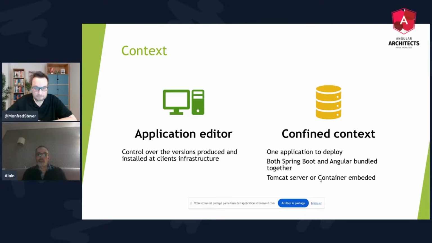So it's one application or maybe multiple applications, but let's talk about one application at a time, and we need to deploy at a specific environment on a specific technical stack. So it's both Spring Boot and Angular bundled together.